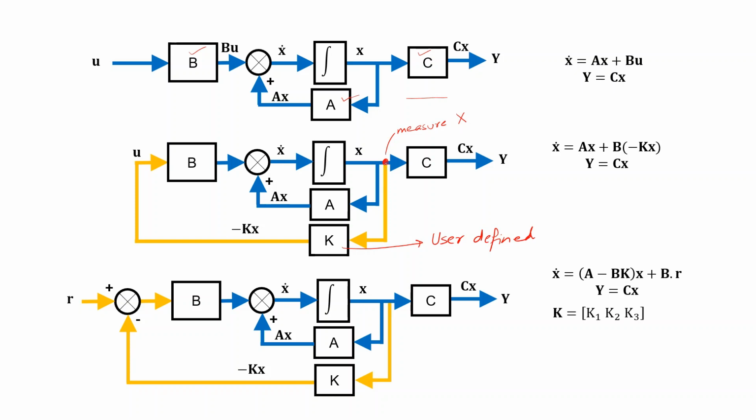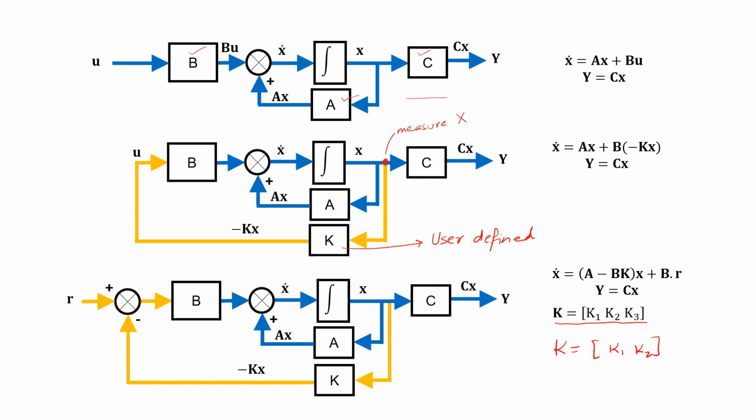So you measure x, then you multiply it by the K matrix. If it is a 3 by 3 system, then the K matrix will be just a vector having values k1, k2 and k3. If it is a 2 by 2 system, then the K matrix will be k1, k2. That's it.